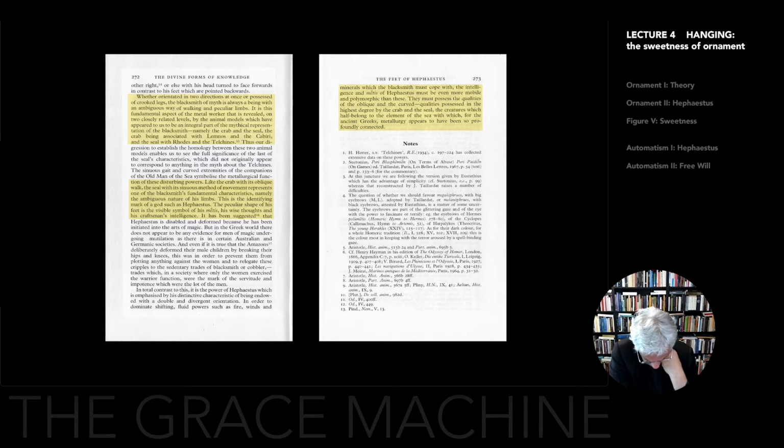So that is the crab and the seal, and the crab is an oblique mover. Always this beautiful word in French, oblique. A crooked mover, and the seal, especially on land.